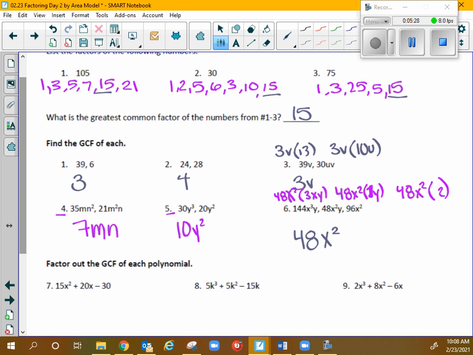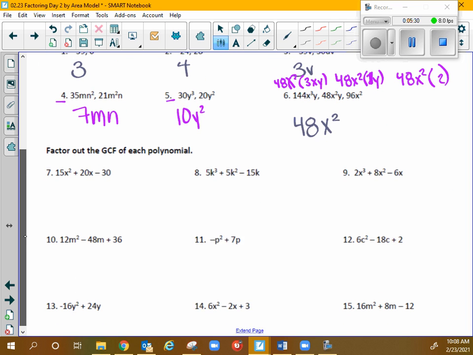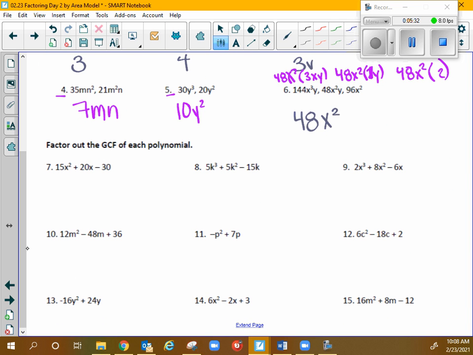Okay, that is just finding the GCF. We're going to start factoring trinomials. And when you're factoring, either it's a binomial or trinomial, whatever the polynomial will be, the first thing you always want to check is if you can factor out a GCF. Okay? So I'm not trying to solve anything here.